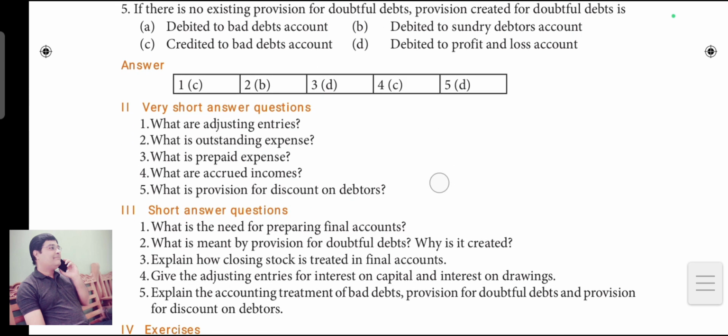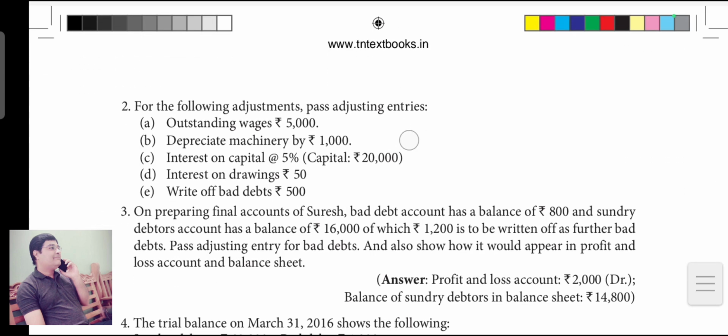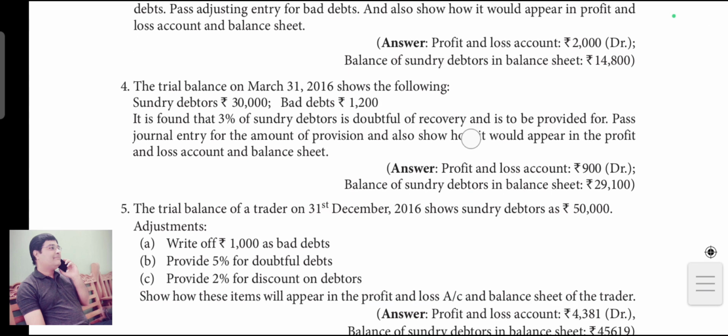Now move on to very short answer in this chapter. Very short answer 1, 2, 3. And in short answer 1 and 4 is very important. Sum number 1, sum number 2 is important.